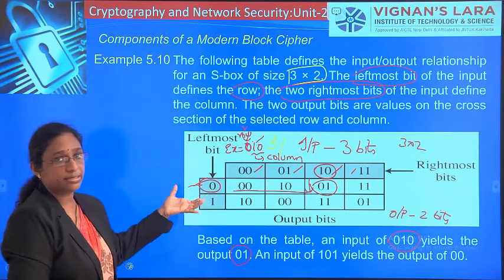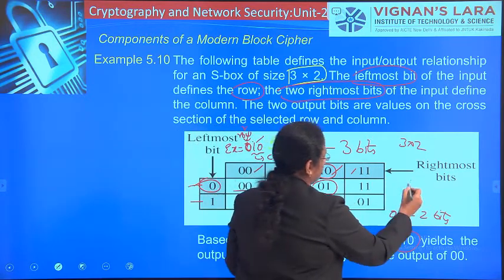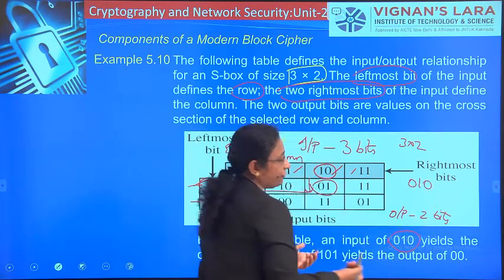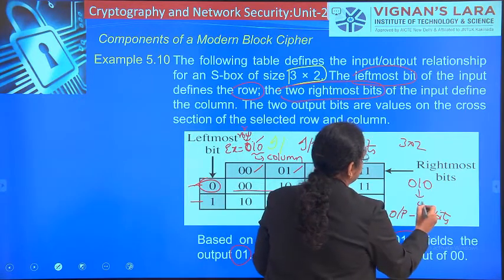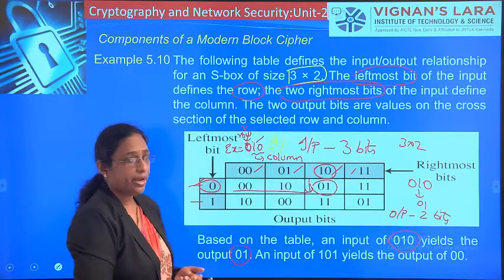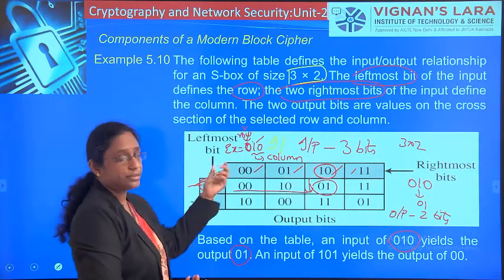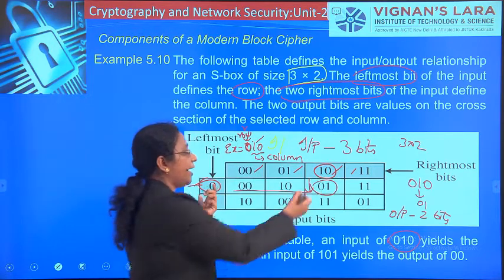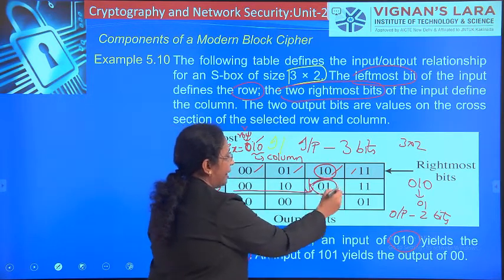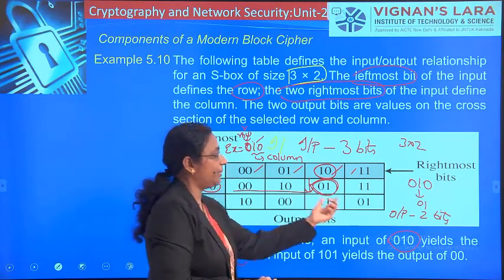So that is your S box, where you take an input of 3 bits, 0, 1, 0, and get an output of 0, 1. The leftmost bit becomes your row, and the two rightmost bits become your column. The element at the cross section is your output.